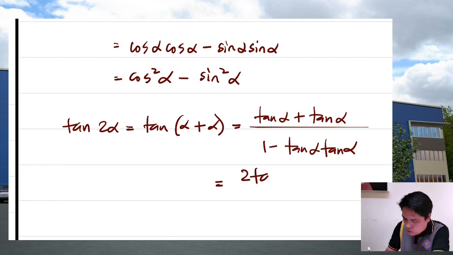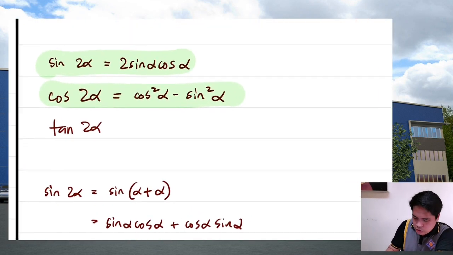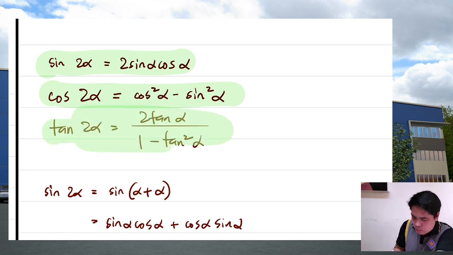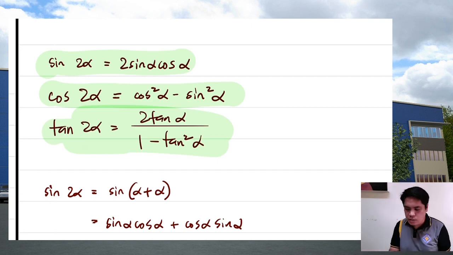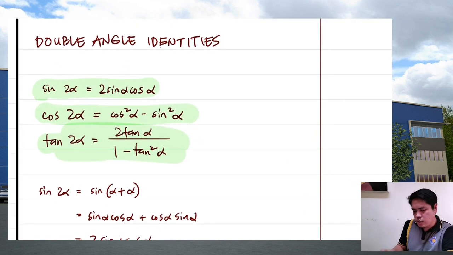So that becomes 2 tangent alpha over 1 minus tangent squared alpha. So tangent 2 alpha is equal to 2 tangent alpha over 1 minus tangent squared alpha. Memorize. Napakadali. So ganun yan siya kadali. That's for the double angle identities. We have 3 identities. Now let's proceed to another set of identities.